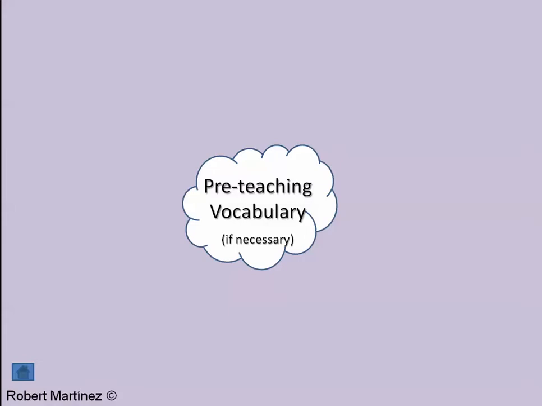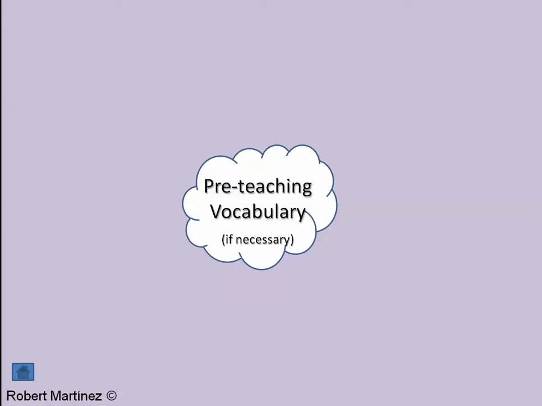So something I usually suggest is that you look at your gist question and answer, and the scanning or listening for detail questions and their answers. If there are any words in there that you think your students will definitely not know, then those are probably the 2, 3, 4 words that they need to know so that they can answer the tasks.